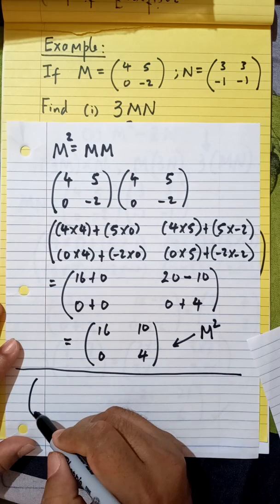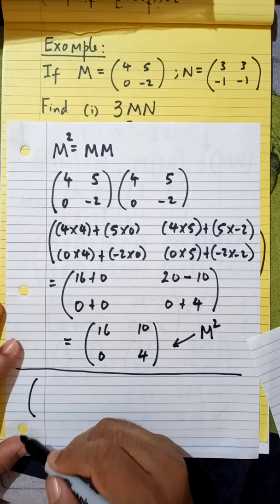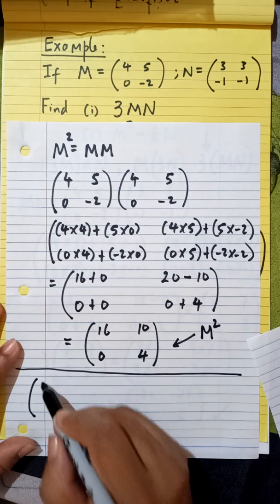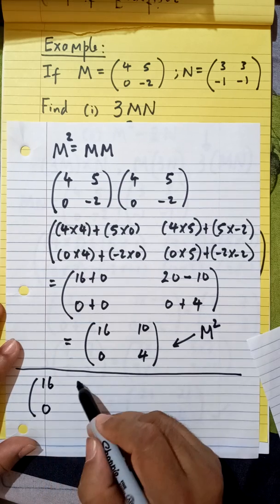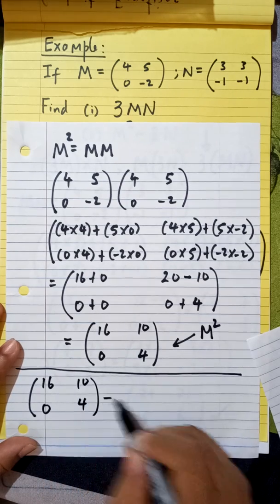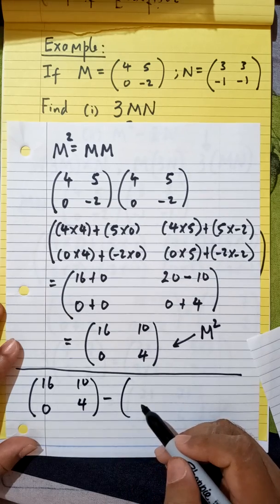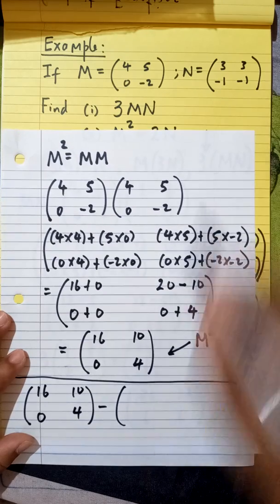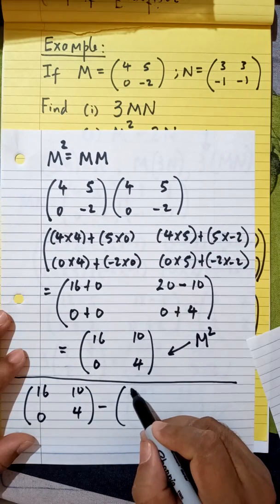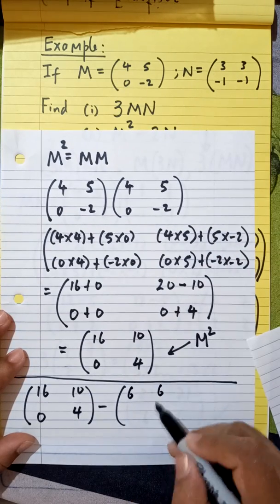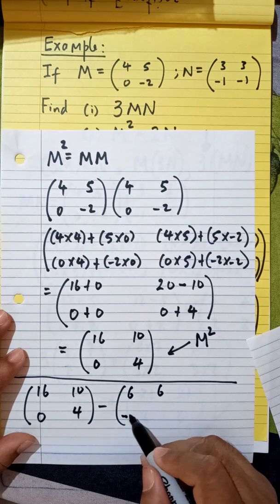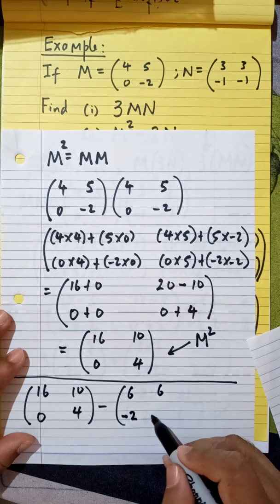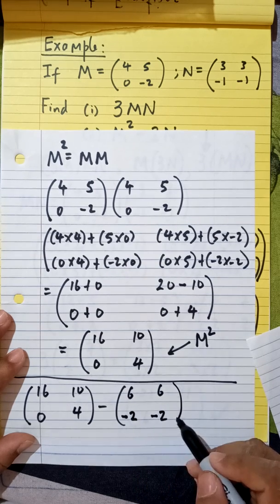So we have 16, 0, 10, and 4. Take away 2 times n, and this is n, so it's 2 times everything inside, so it's 2 3s are 6, 2 3s are 6. 2 times -1 is -2, 2 times -1 is -2.